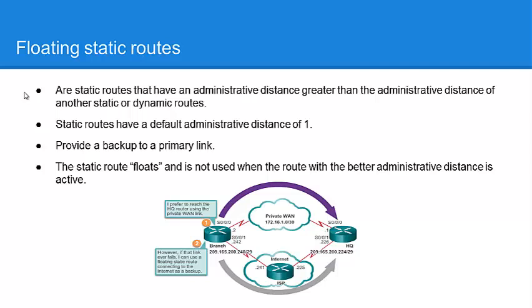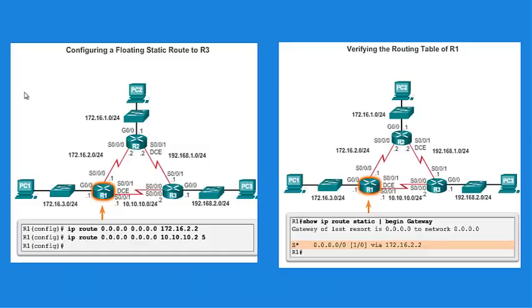The static route floats, and it is not used when the route with the better administrative distance is active. The commands in order to accomplish a floating static route are displayed in the next 2 pictures.